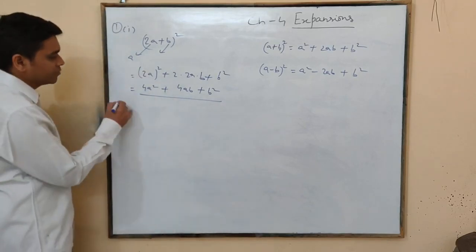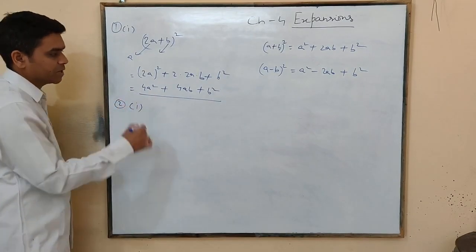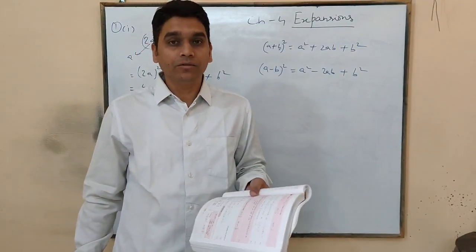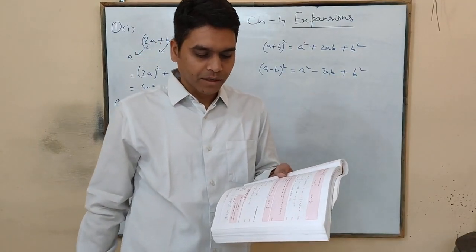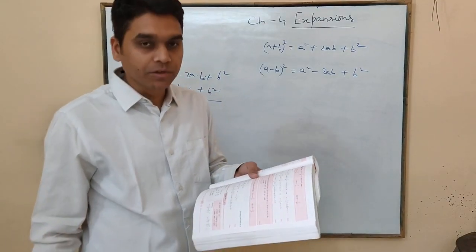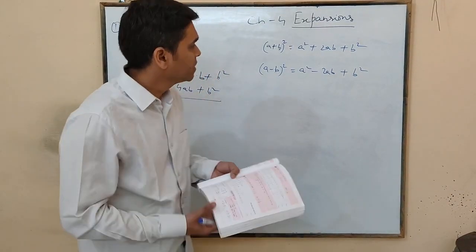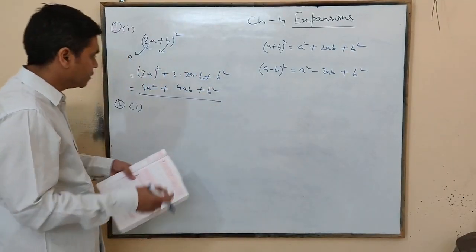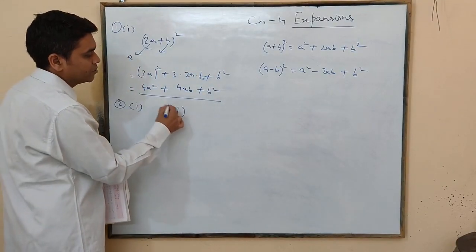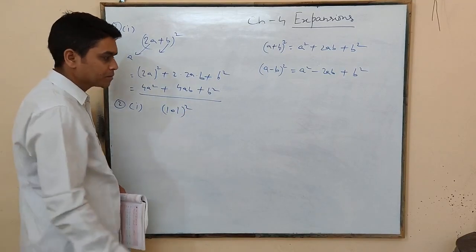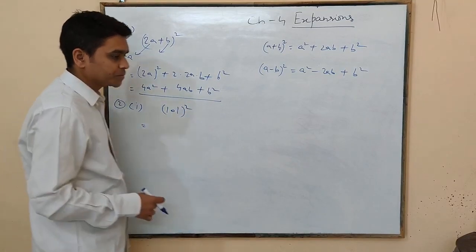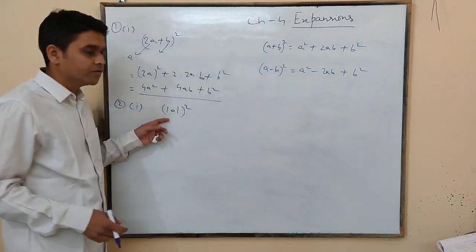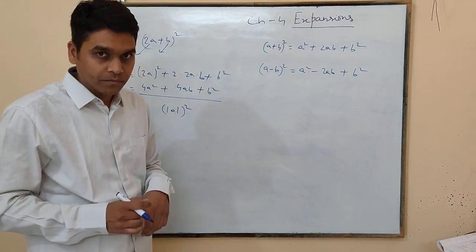Now, check question number 2, first part. The question is: use identities to evaluate. Identity means this formula. By using this formula, you have to find the value of 101 whole square. In this question, first we have to break this 101 into simple form.